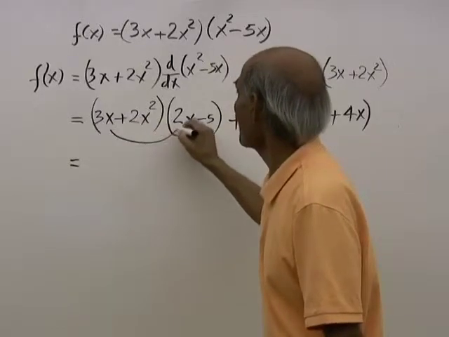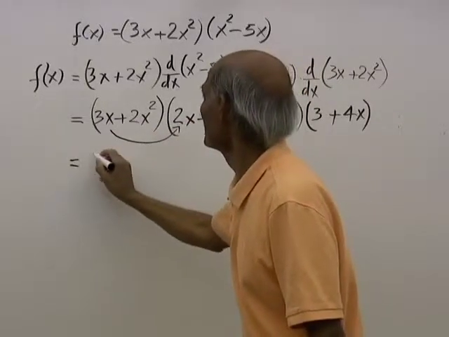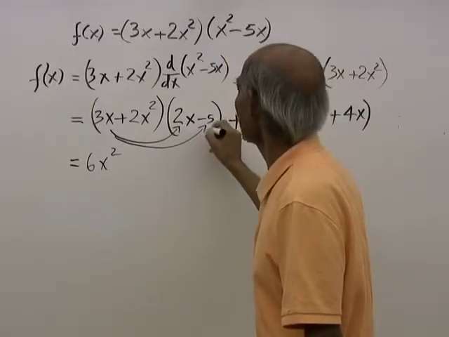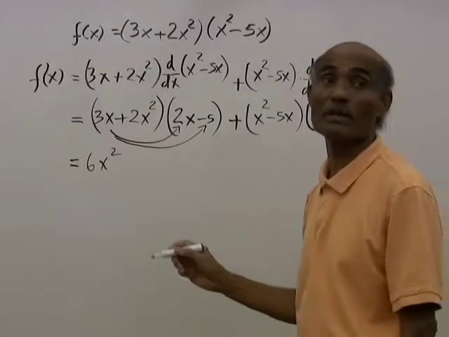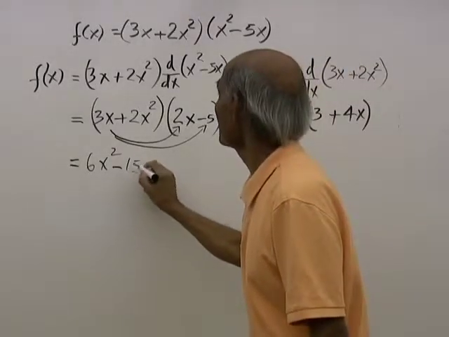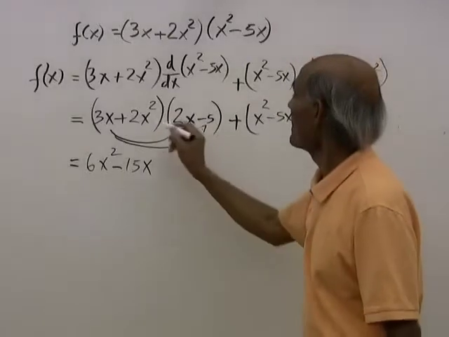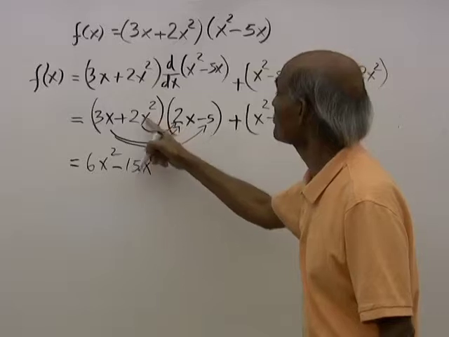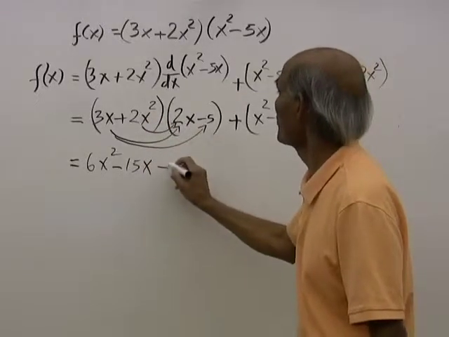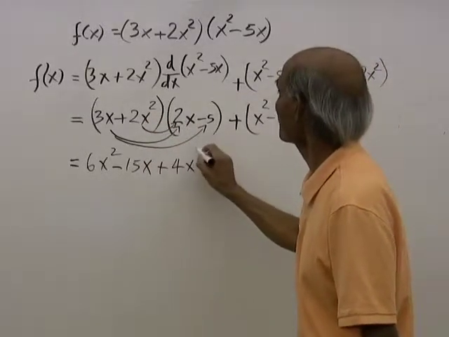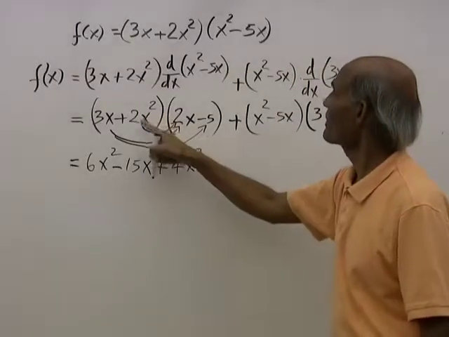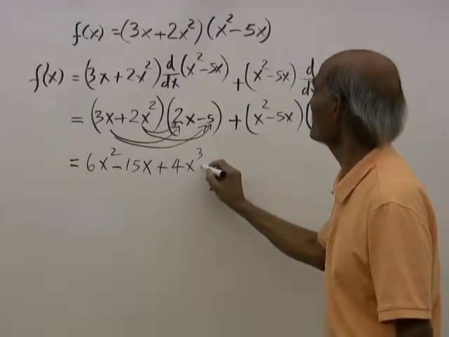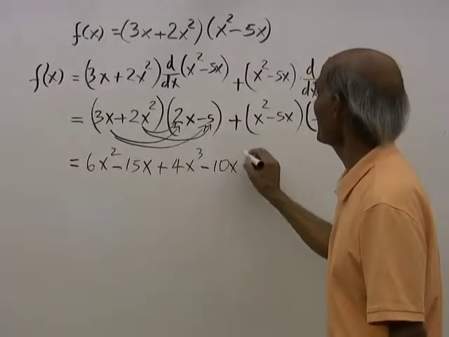3x multiplied by 2x will be 6x squared, and 3x multiplied by negative 5 will be negative 15x, and 2x squared multiplied by 2x will be 4x cubed, and finally 2x squared multiplied by negative 5 will be minus 10x squared.